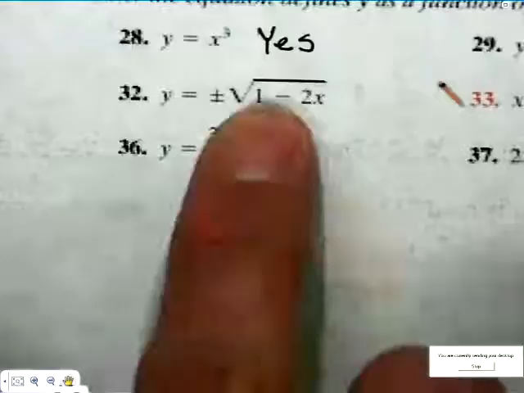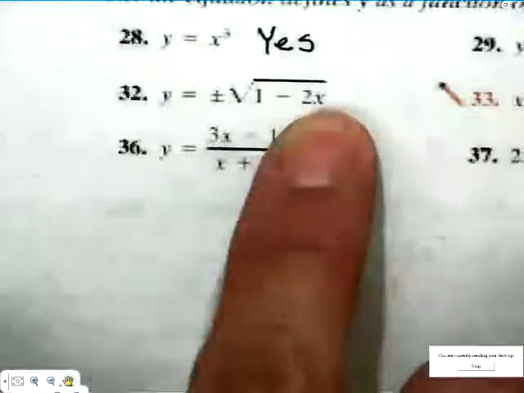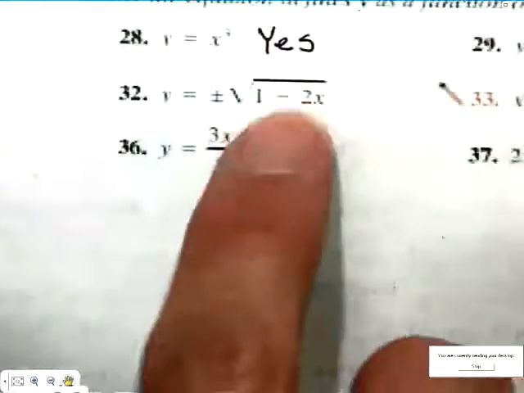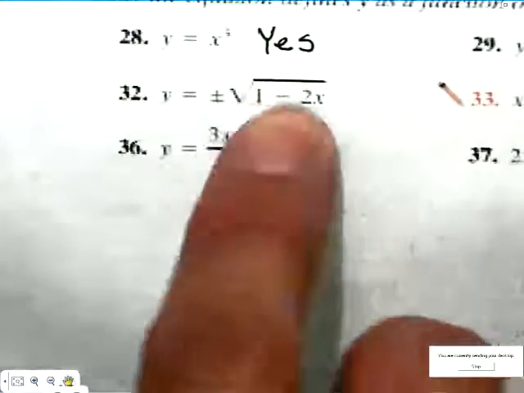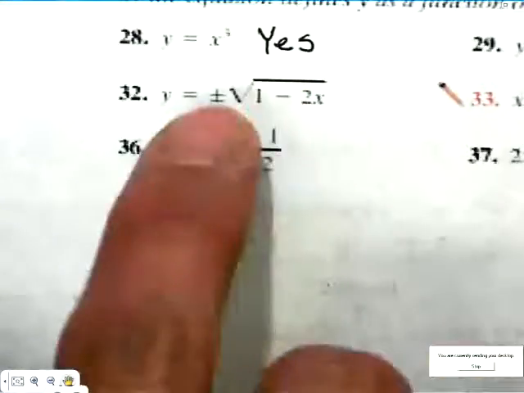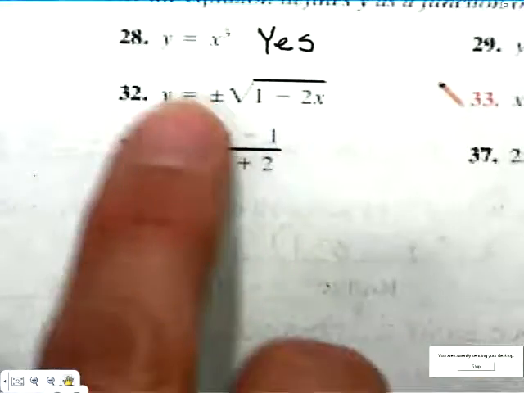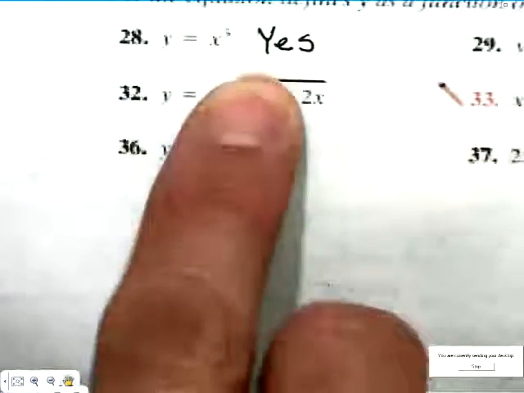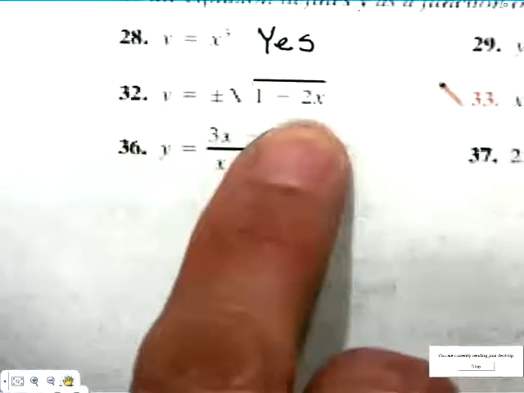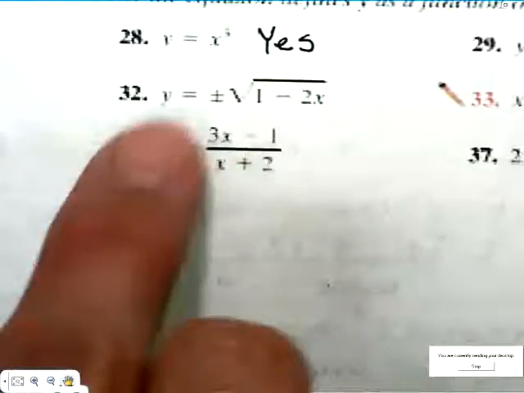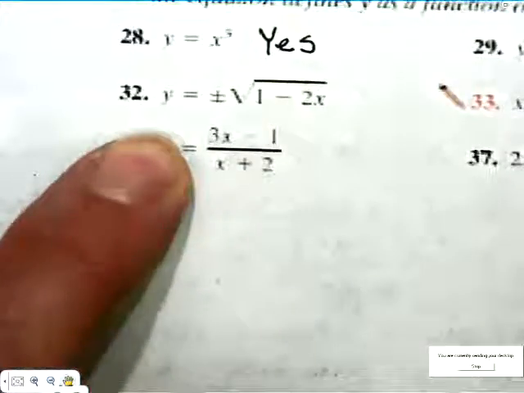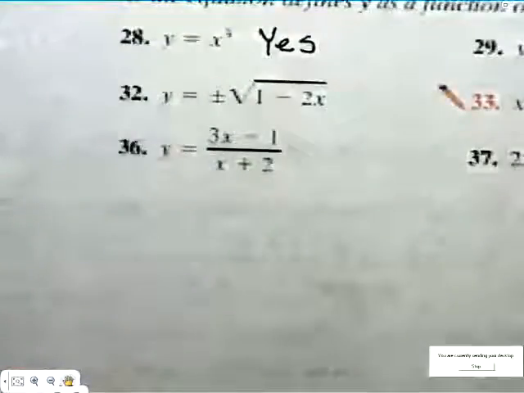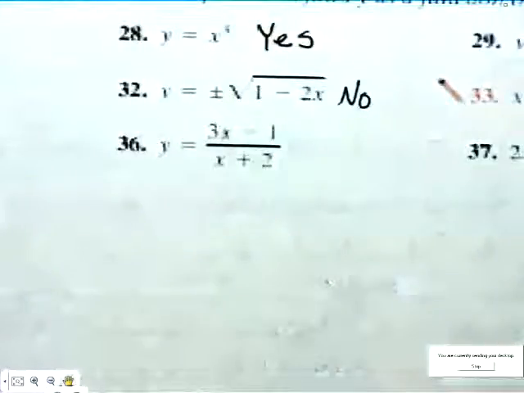If I let x be 0, then under the radical I'd just have 1, and then square root of 1 is 1, but I have positive 1 and -1. That's what the plus or minus means. So that is 1 x that corresponds to 2 different y's. Is that a function? That is a sideways parabola. Yep.